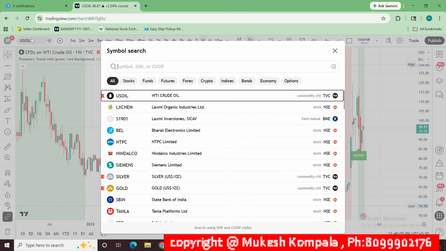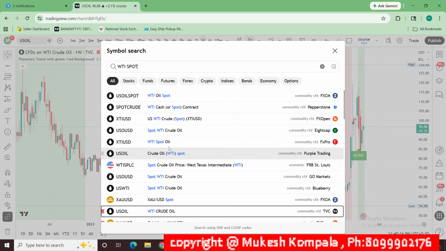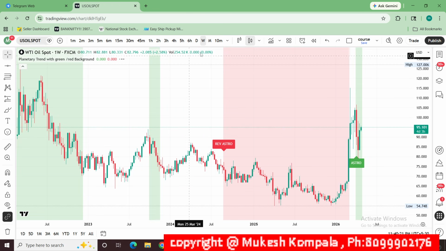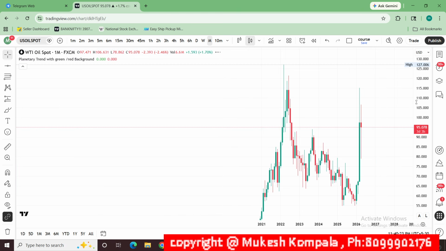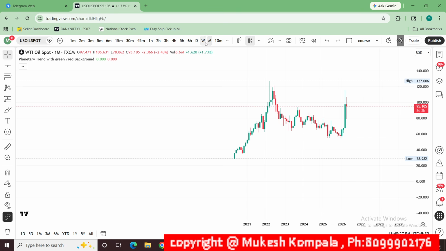Sir, it's going to work on spot. WTI spot will work fine, every indicator works. So go for monthly. No, it doesn't have that.